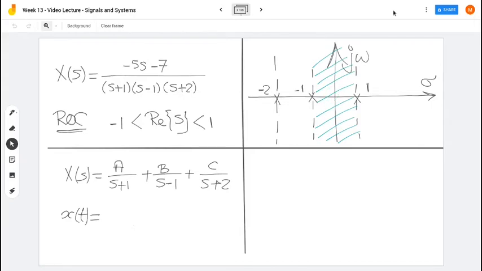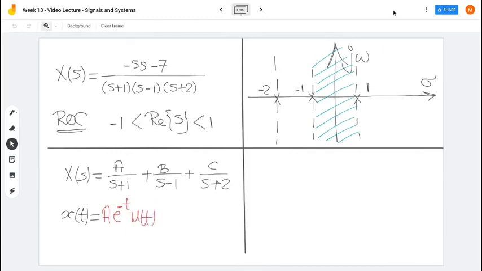So the term over here would be a right-sided signal in time domain, because if you remember, having a right-sided ROC means we have a right-sided sequence in time domain. So A e to the minus t u of t.